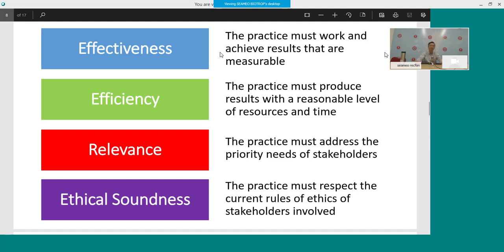with very reasonable resources that you use, including the time. For example, most of the schools do not have budget to do urban agriculture. But whatever budget you have, if you are able to produce very good results, that is a good practice. How do you efficiently utilize the resources in your school could be a best practice.